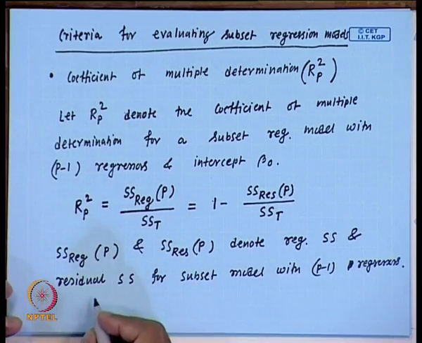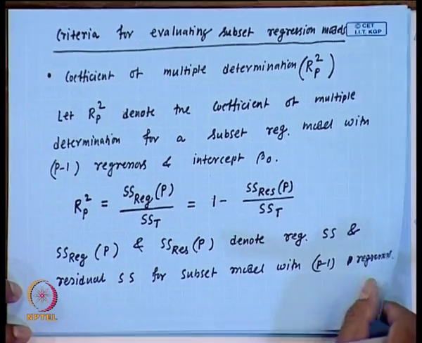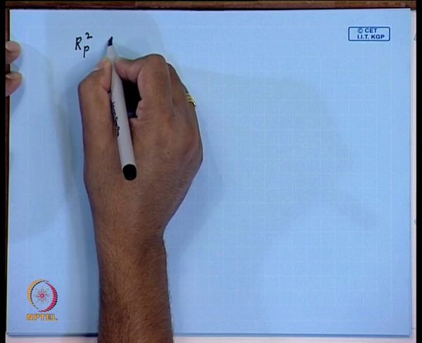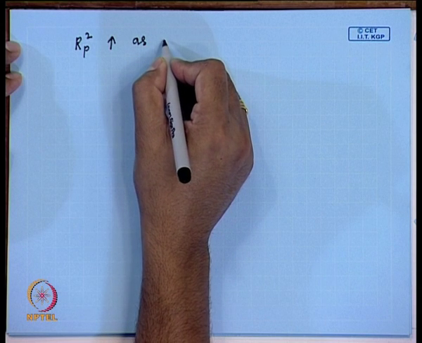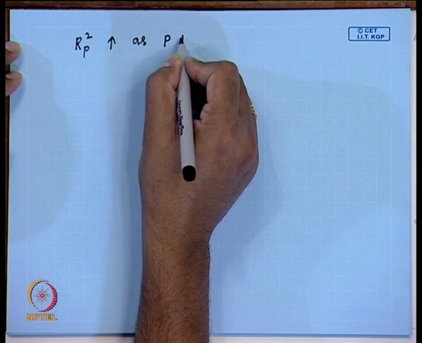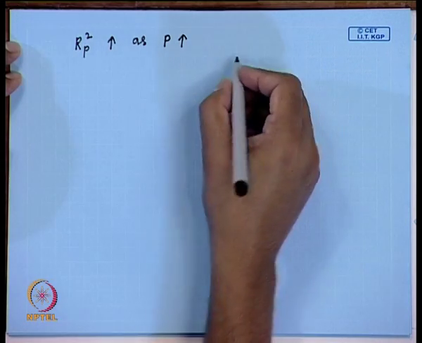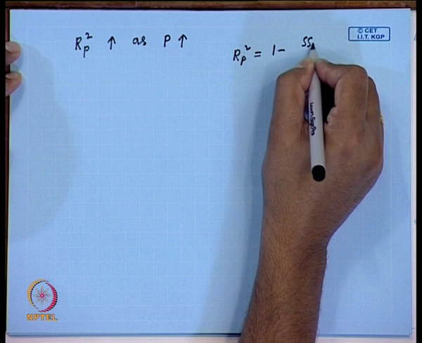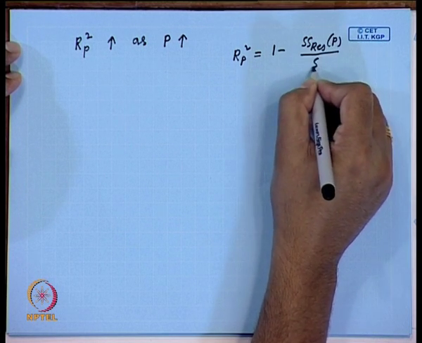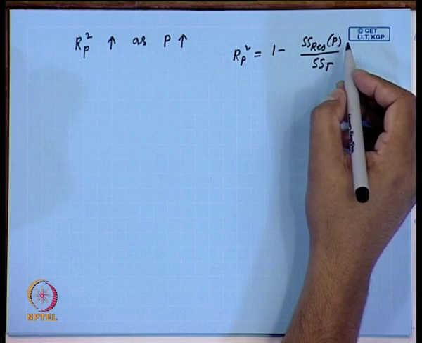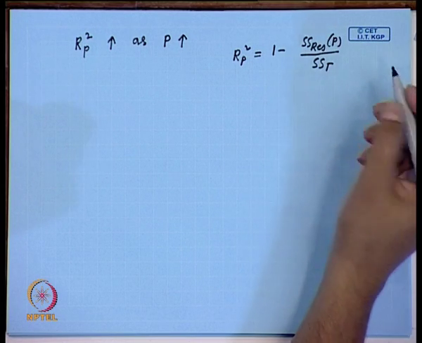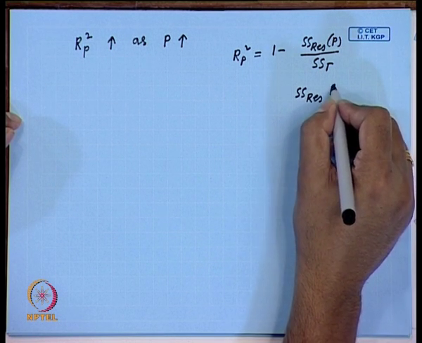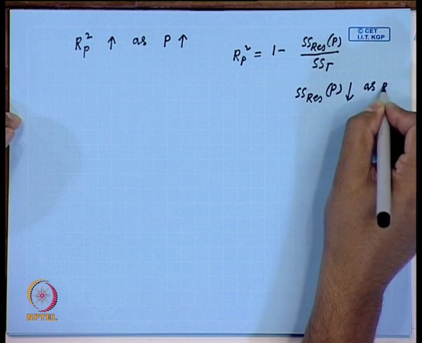One observation you can make is that this R p square increases as p increases, because if you look at the definition, R p square is equal to 1 minus SS residual p by SS t, and we know that SS residual decreases as p increases.